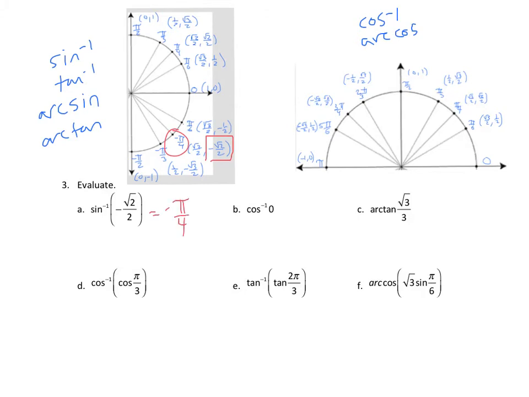So when you evaluate an inverse trig function, it only has one angle that works, or one answer. For cosine inverse of 0, now I'm looking at my 0 to pi on the unit circle, and the only place that has a cosine or an x value of 0 is pi over 2.